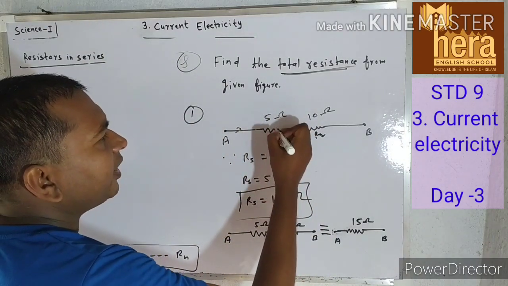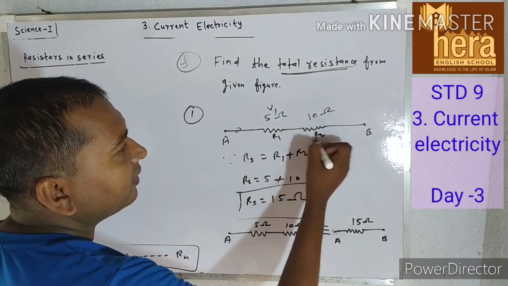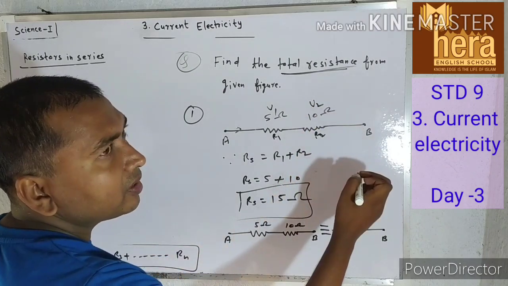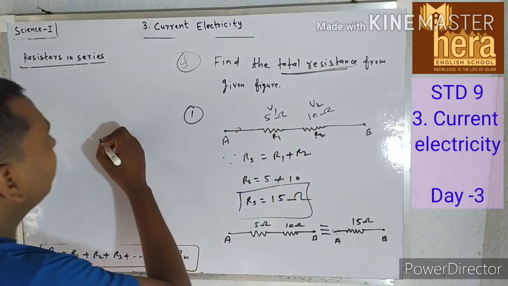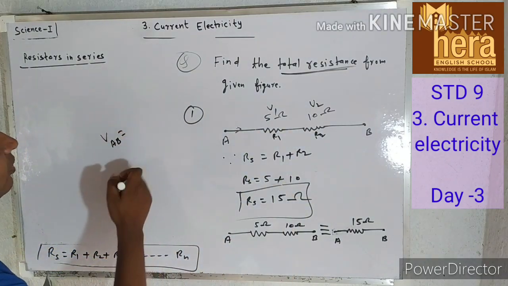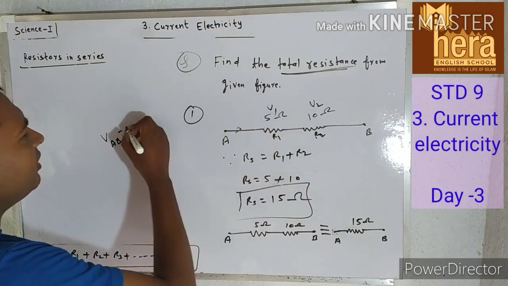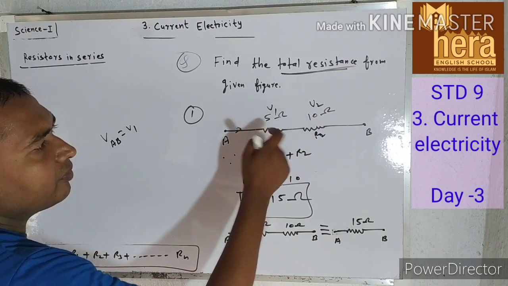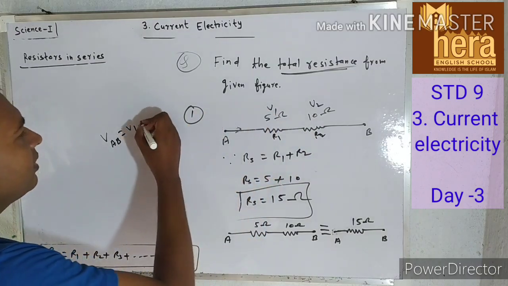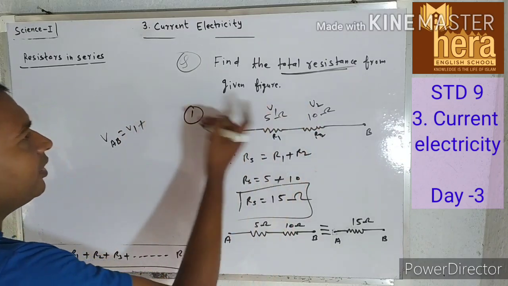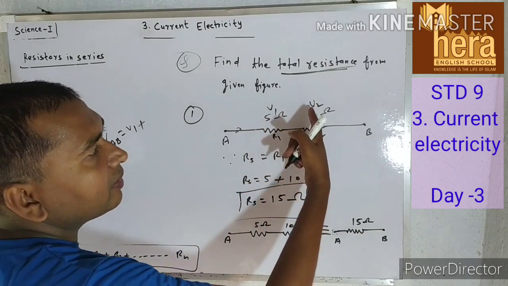Say across this individual R1, the potential difference is V1. Across R2, the potential difference is V2. Then the potential difference between the extreme points, that is A and B, VAB, is equal to V1, the potential drop across R1, plus V2, the potential difference across R2.